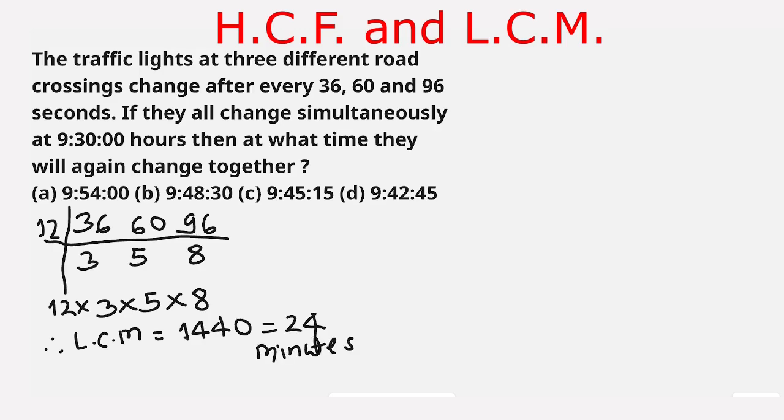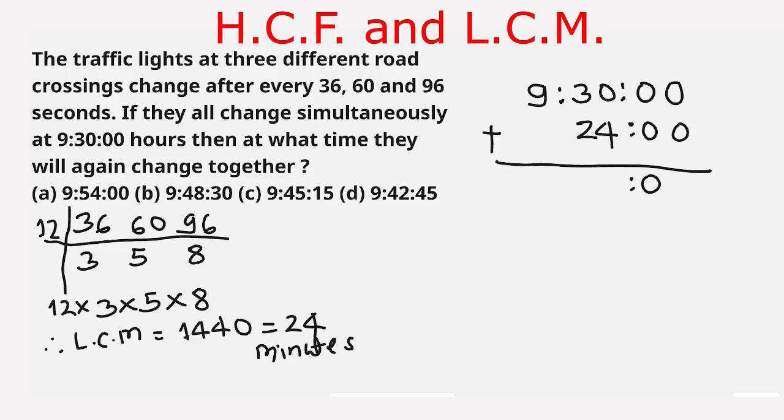Now the time when they changed together was 9:30:00 hours. Now we have to add 24 minutes to it. So we add 24 minutes 00 seconds. 30 plus 24 minutes is 54 minutes, and 9 hours we write as it is.